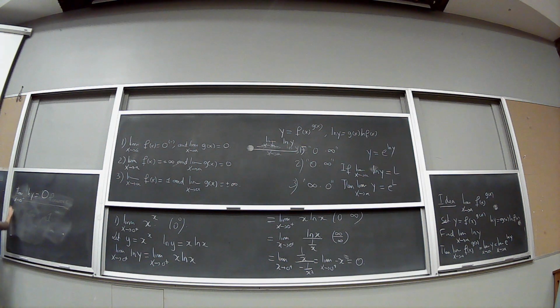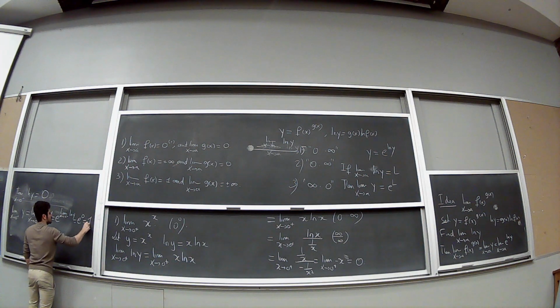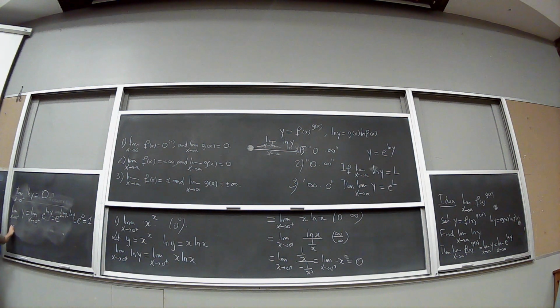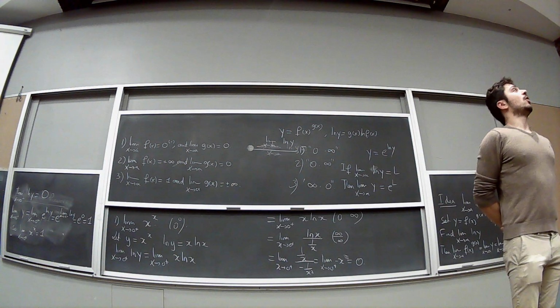So the limit as x goes to 0 plus of y is equal to the limit as x goes to 0 plus of e to the ln y, which is e to the limit as x goes to 0 plus of ln y, which is e to the 0, which is 1. So the limit as x goes to 0 plus of x to the x is 1. Are we good here?